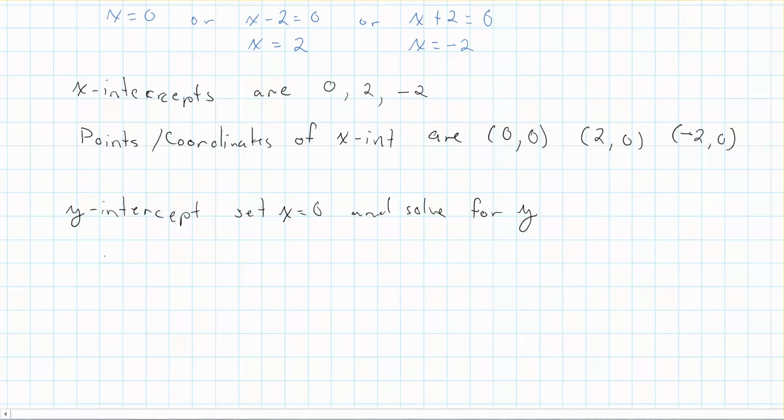Which is pretty straightforward. We have y is equal to, I'll rewrite the equation down here, x cubed minus 4x. So we're going to substitute 0 in. 0 cubed minus 4 times 0. So y is equal to 0.